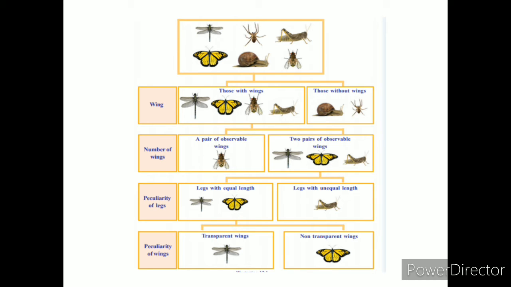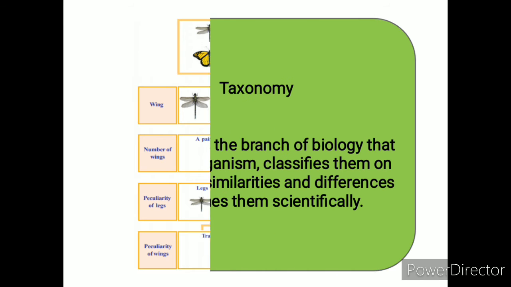This shows the importance of classification. Based on scientific methods or scientific indicators, we can classify organisms, and that scientific way of classification is known as taxonomy.